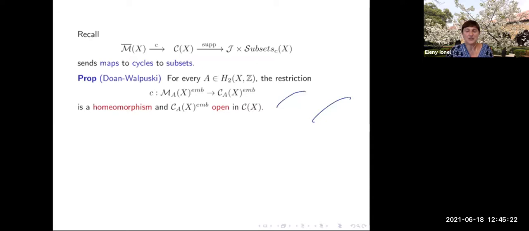It's obviously a bijection, but the result is that it's a homeomorphism; it's continuous, and the important part is that the inverse is also continuous. Moreover, the image is an open subset of this cycle space.